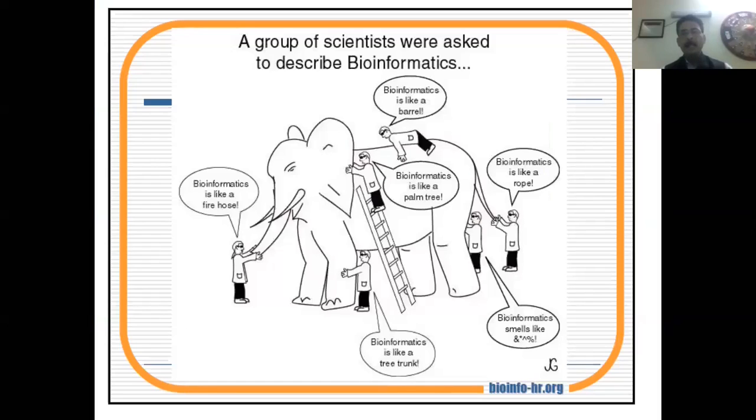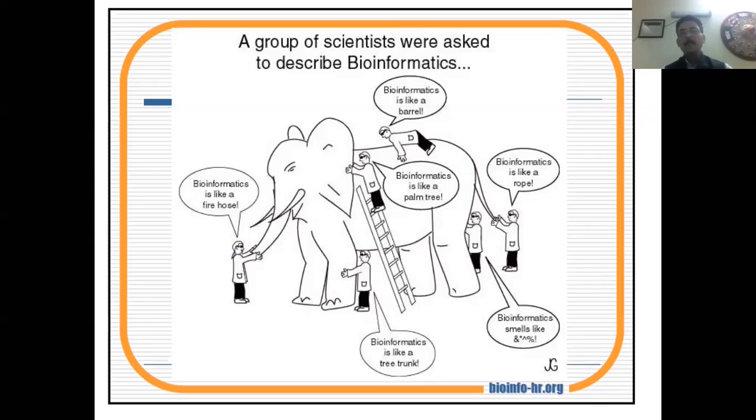As has been rightly put in a cartoon published in the 1990s on the bioinformatics.org website, it was compared to the story in Panchatantra, wherein 6 blind men were given the opportunity to touch an elephant, and thereafter they were asked, what is the morphology of an elephant? How did you find it?